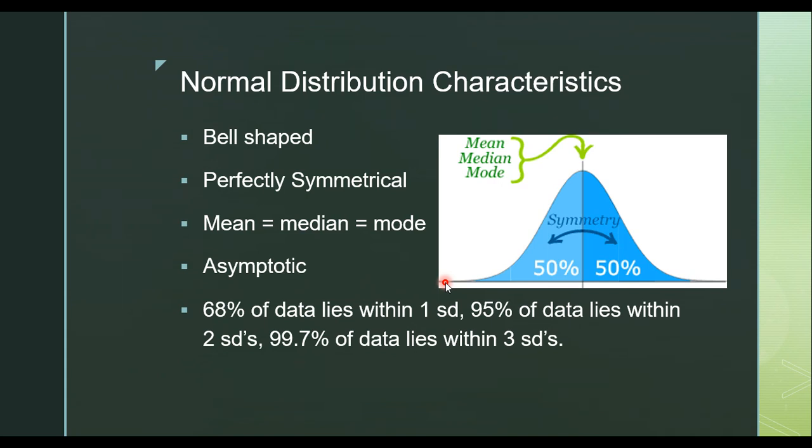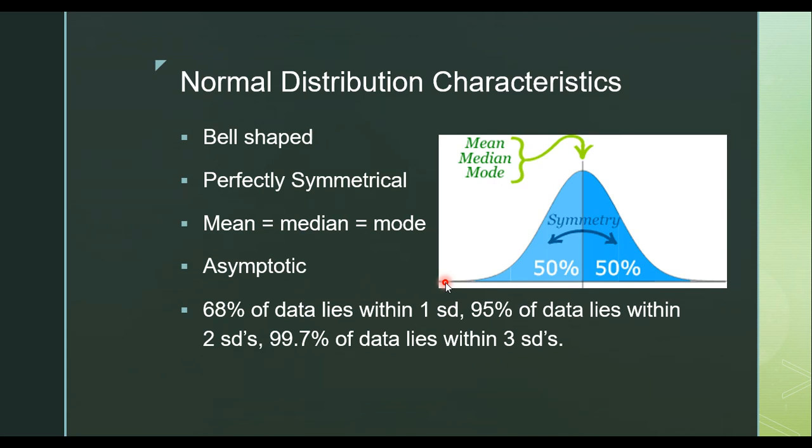Also, something to note, which we're going to get into a little bit more next week, is that with a normal distribution, because it's completely symmetrical and asymptotic, 68% of the data lies within one standard deviation, which is a lot, right?